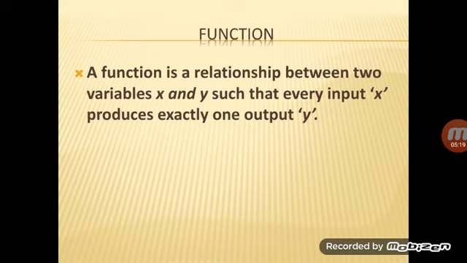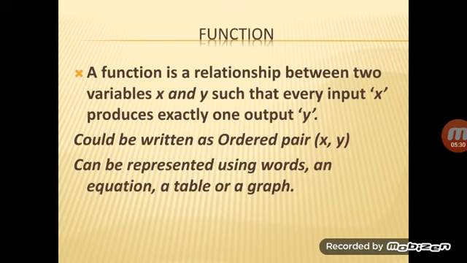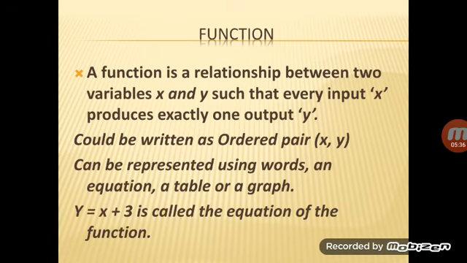The input x and the output y of a function can be written as an ordered pair (x, y). A function can be represented using words, an equation, a table, or a graph. The general form of it is y = ax + b.